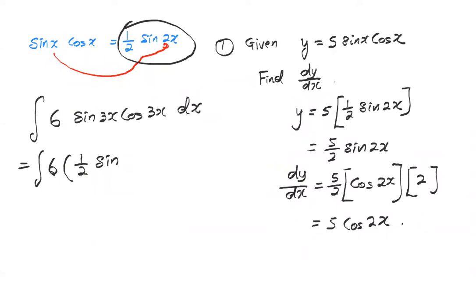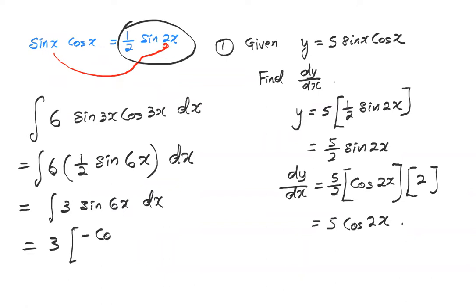Is it 3x? 6x. 2 times 3 is 6. Okay? So when you integrate, let me simplify first. So now you can start to integrate. When you integrate sin, what do you get? Negative cos 6x divided by 6 plus c. So that is how it's being used.